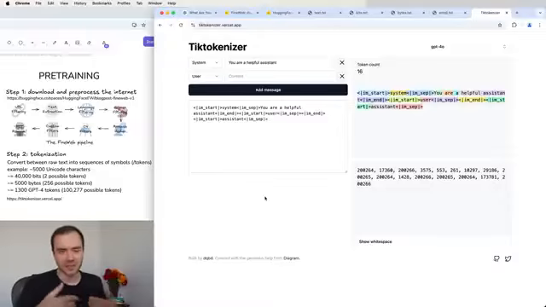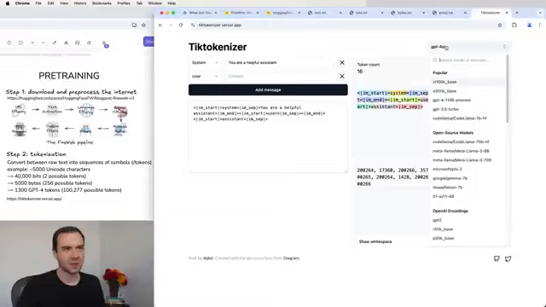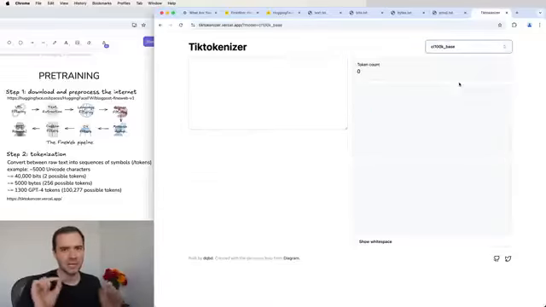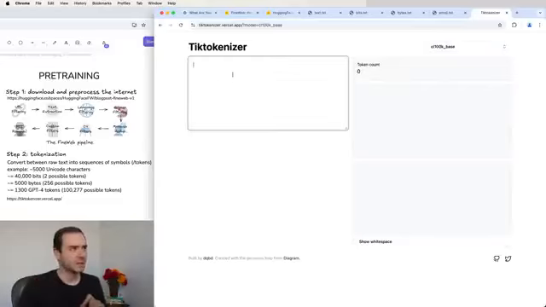So one website I like to use to explore these token representations is called TikTokenizer. And so come here to the dropdown and select cl100k_base, which is the GPT-4 base model tokenizer. And here on the left, you can put in text, and it shows you the tokenization of that text. So for example, hello space world.